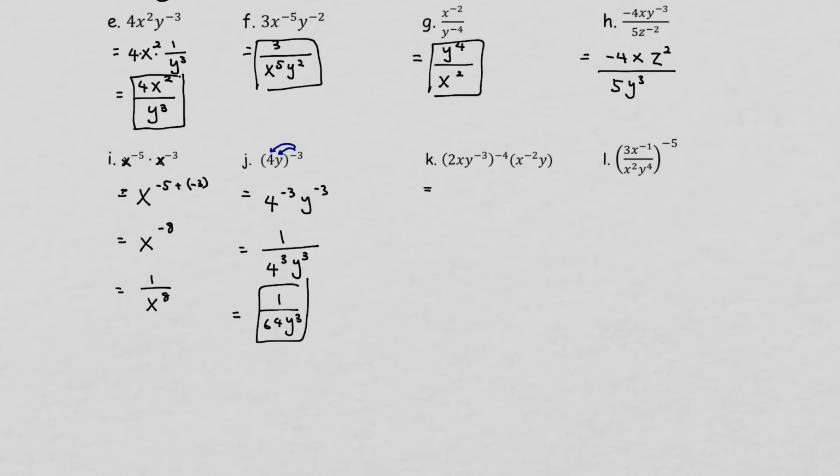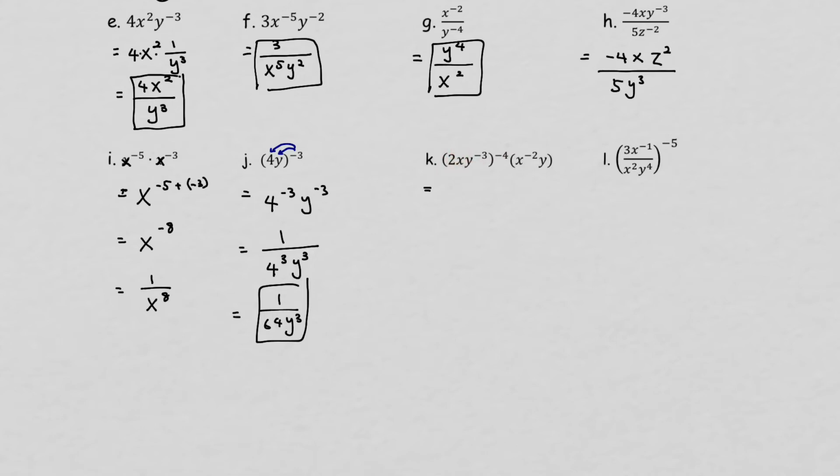This one, you do have the like bases, x and x, y and y, so you want to combine. But you cannot combine if you have a parenthesis. So the first thing we want to do is open the parenthesis. In order to do that, you need to distribute the negative 4th power. How many times? To the 2, x, and y.